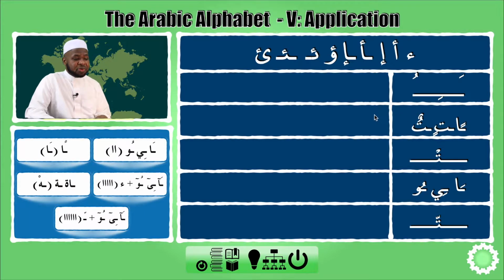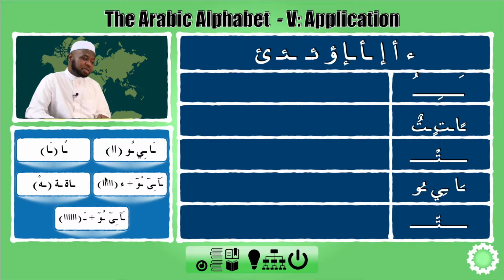Also Hamza when it comes with double sound, Hamza when it comes with silent sound, Hamza when it comes with an extended letter or when its sound is extended, and Hamza when it is emphasized. And the same thing will be applicable to all the other letters in the Arabic alphabet.